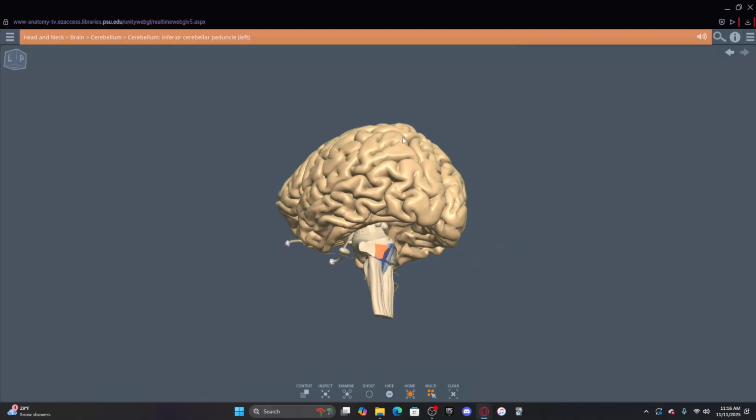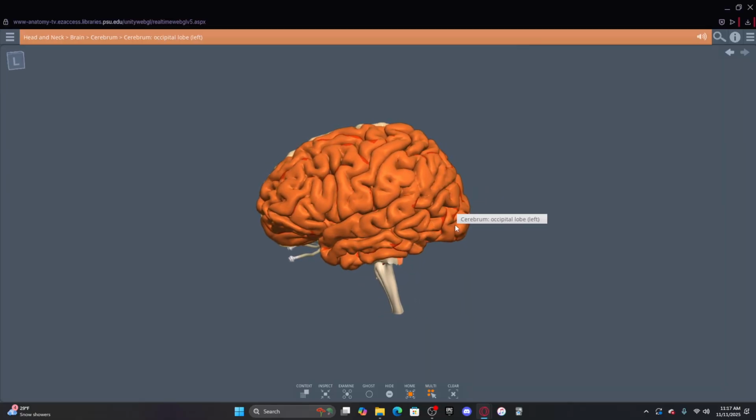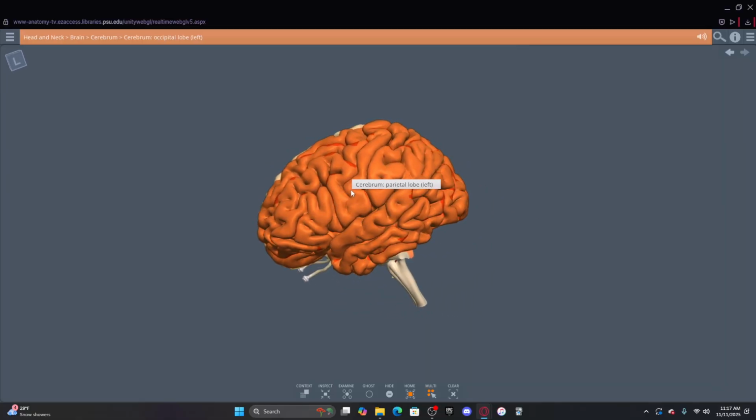Okay, so now that we have that, we went over the lobes, right? So you have your cerebrum, right? So this whole structure would be your cerebrum, right and left side. And then the individual little ridges you see here, that's the cerebral cortex.